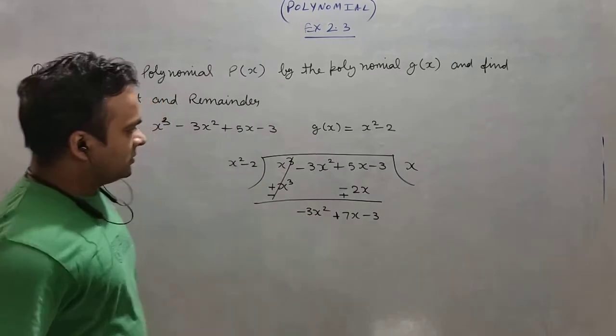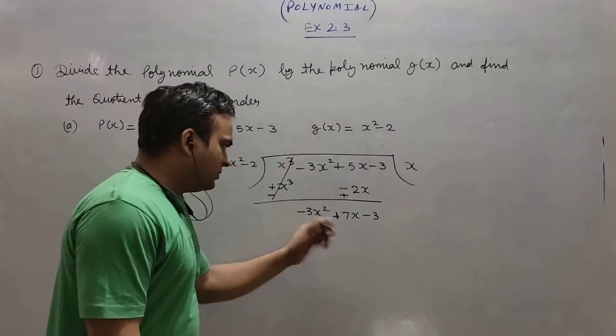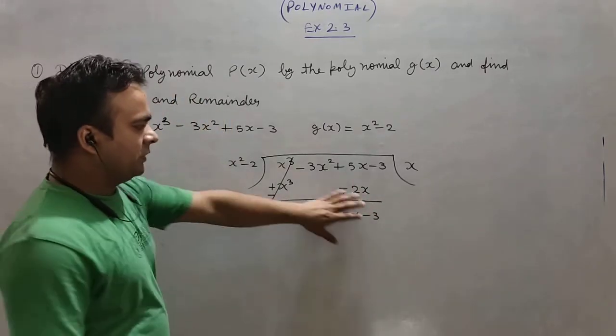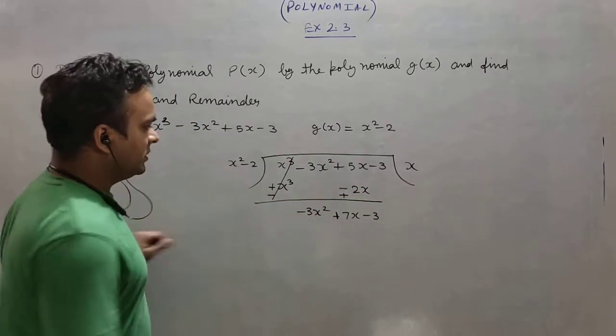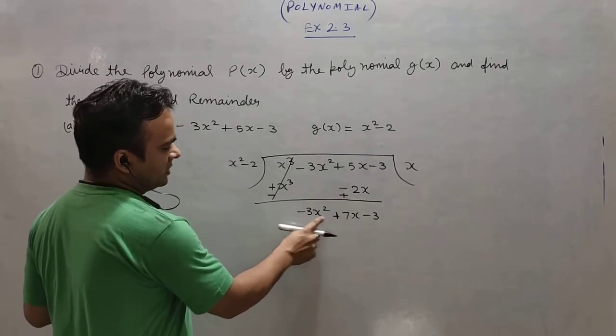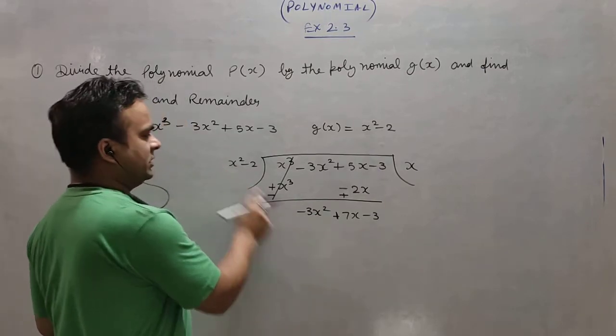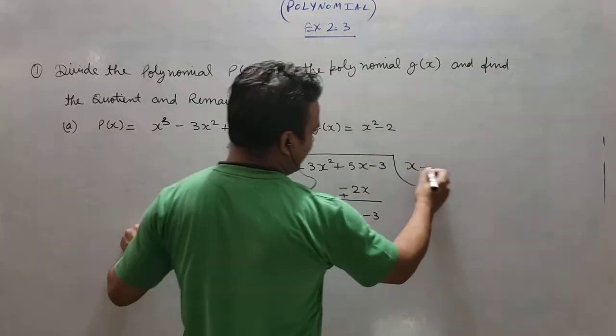Now forget the first step, it is done. Now this is the dividend for you, and this is the divisor. You will see the higher degree. The first term is minus 3x square, and the divisor has x square. The x square part is the same, only minus 3 is not there. So we will multiply by minus 3.